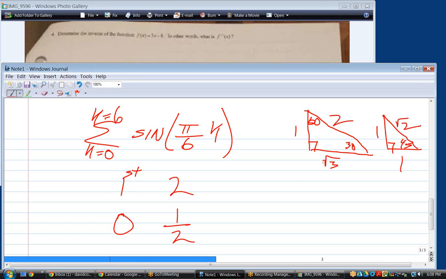And from these two triangles, you can figure out all of your first quadrant trig functions for any multiple of 30, 45, or 60. Okay? So the reason the sine of 30 degrees is 1/2 is because of this triangle. It's opposite over hypotenuse.